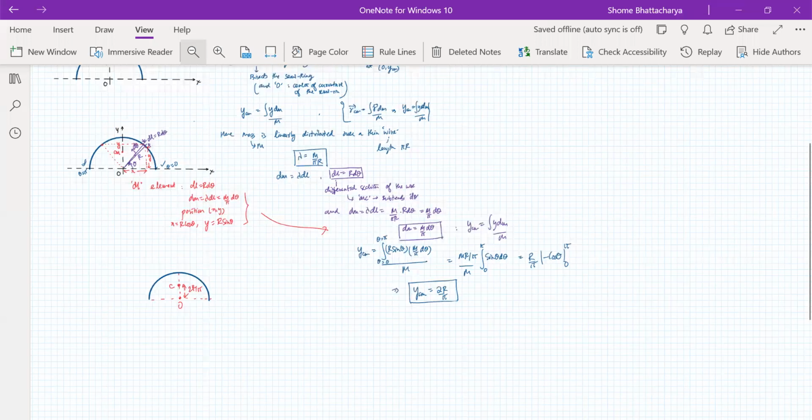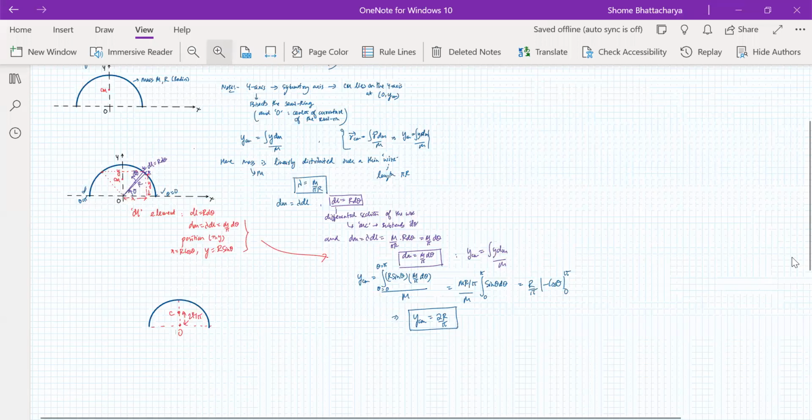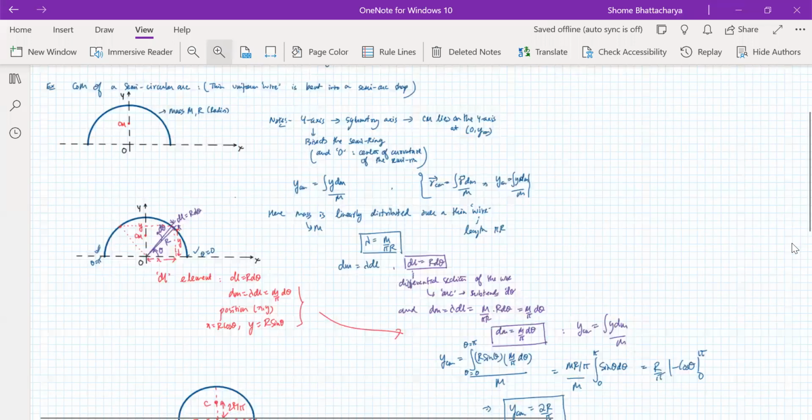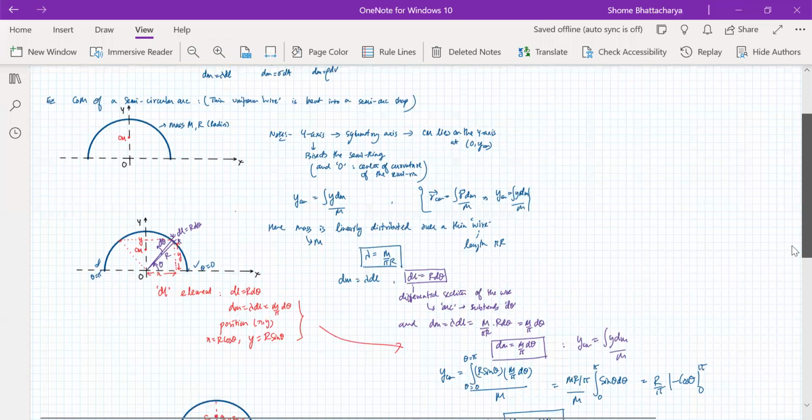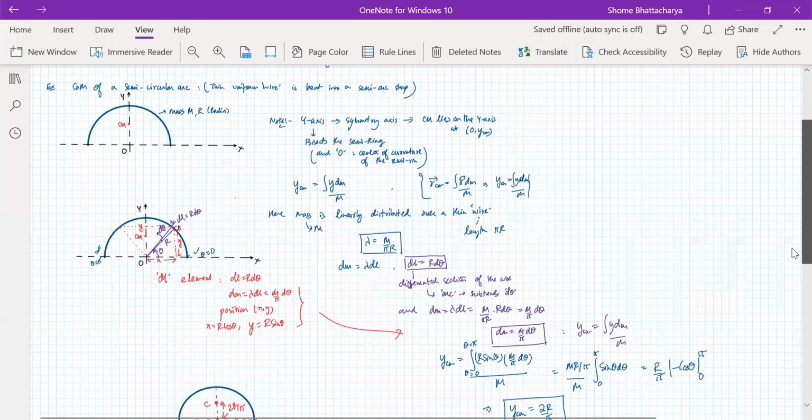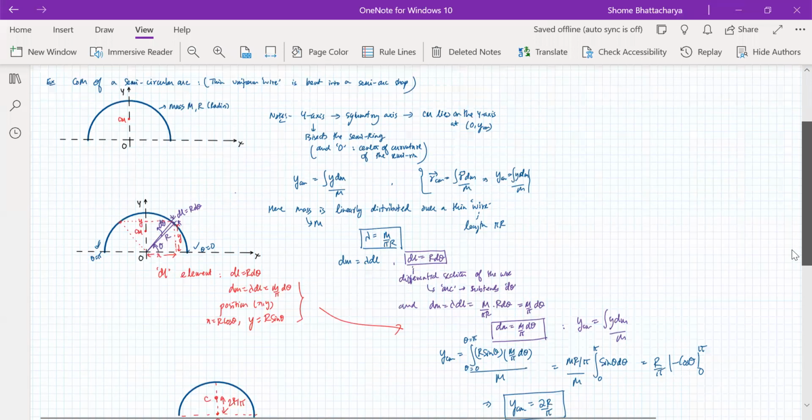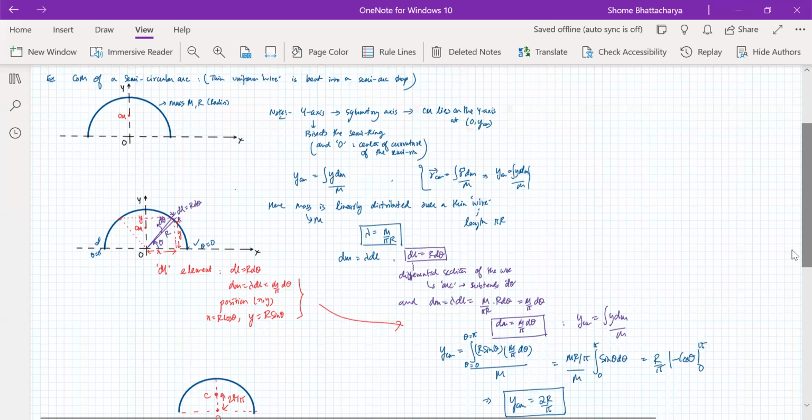So yes, you are correct in that it lies closer to the edge of the arc than to the center of curvature O. That means it's above the midpoint of that vertical line. Just make a quick review of this, then we will move on to some more such examples. We'll also come to those H.C. Verma example questions very soon.